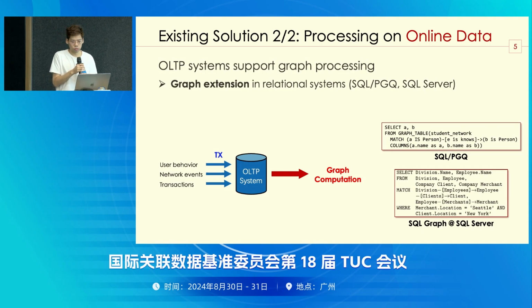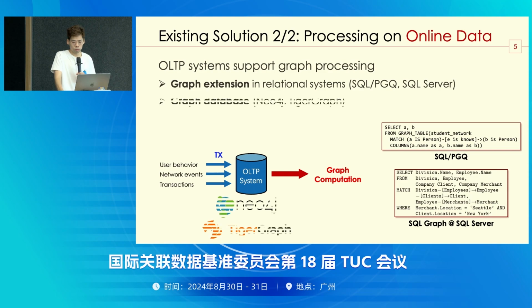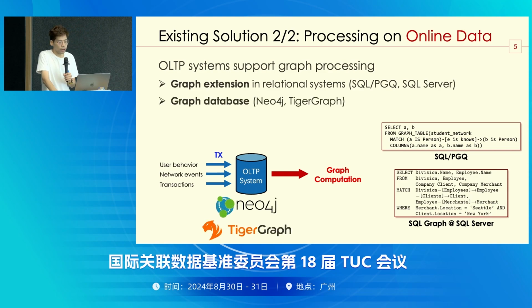A new trend is graph databases that store the data as a native graph model, such as Neo4j or TigerGraph.